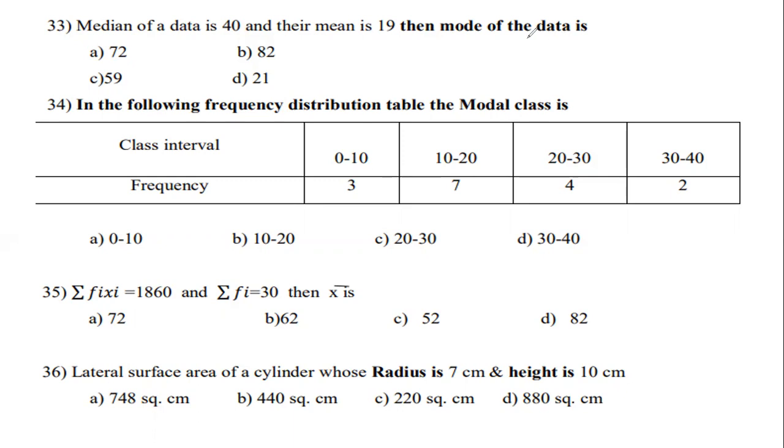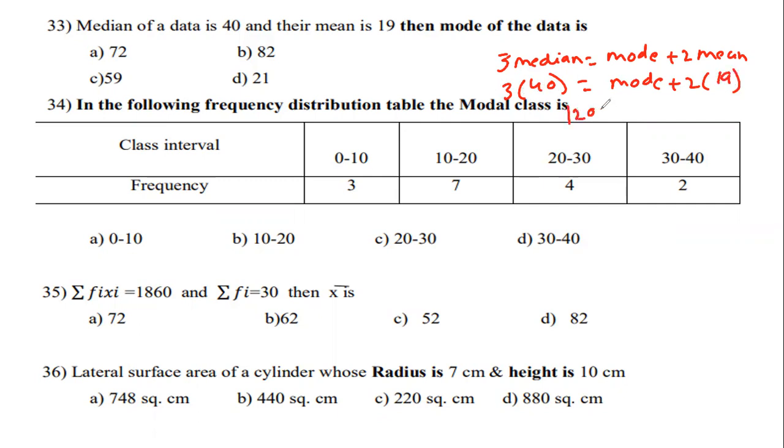What is the empirical relationship between them? 3 median is equal to mode plus 2 mean. 3 into median is 40, so 3 into 40, 120, is equal to mode plus 2 into mean. 2 into 19 is 38.